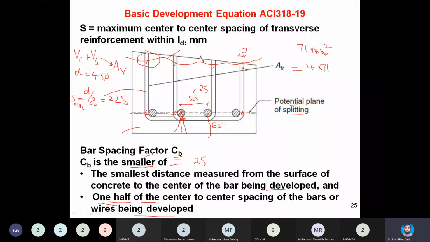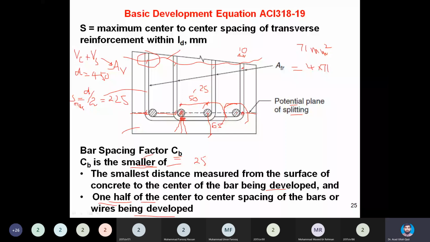So why are they saying 1/2 of the center to center? As we have seen, the pressure circle due to the splitting component, the tangential component, will make a dia. The radius of this circle, and the second bar will also have a pressure circle. So 1/2 will be taken by this bar and 1/2 will be taken by this bar. So they are recommending the smallest out of them.